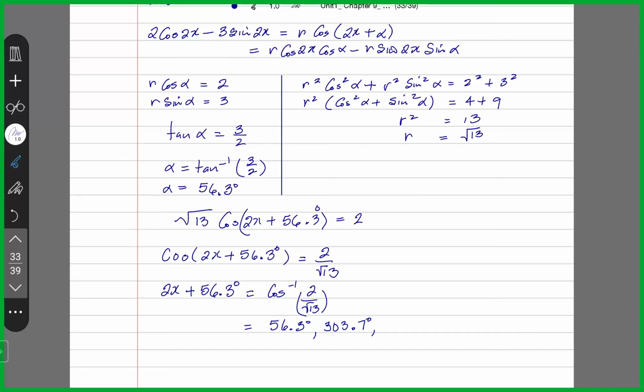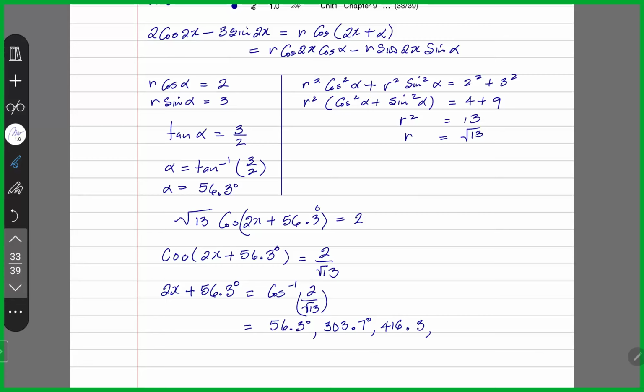So the answer now in the first quadrant between 360 degrees and 720 degrees would be 360 plus 56.3, which is 416.3.